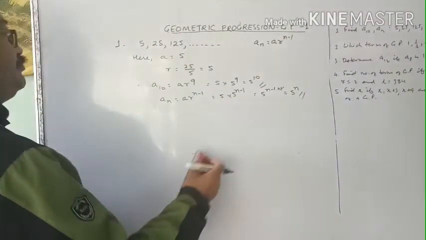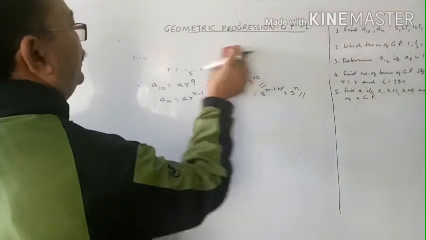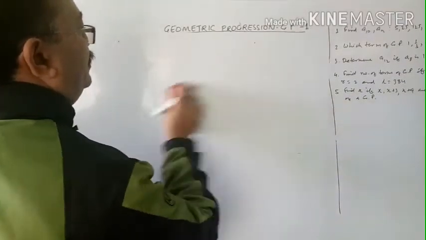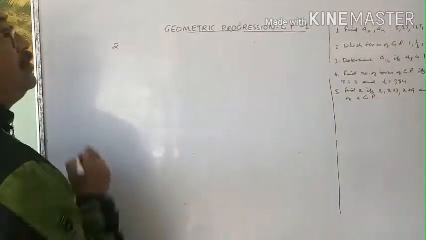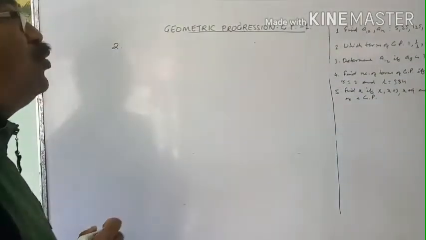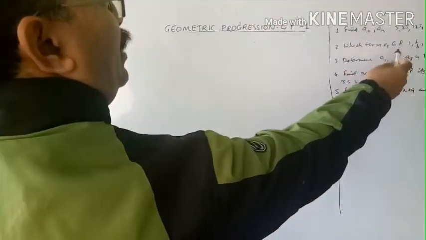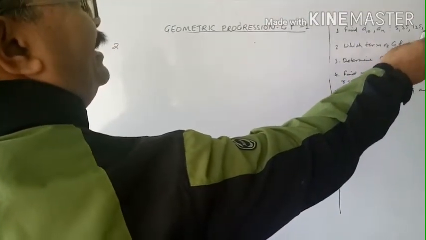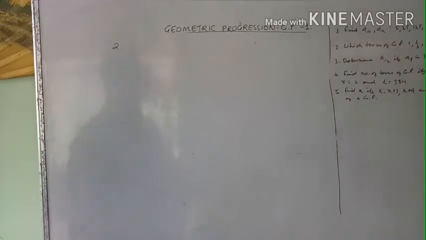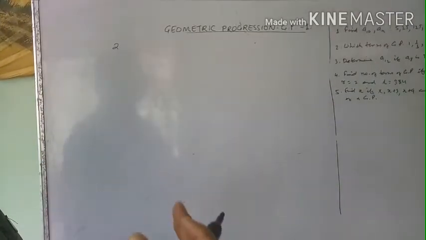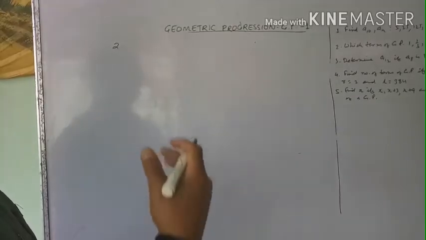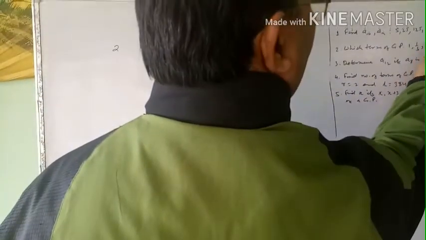Okay, now let's see the next question. Question number 2. The question says which term of the GP 1, 1 by 3, 1 by 9, etc. is 1 by 243. Now you have to find which term it is. The first, second, third terms are given.